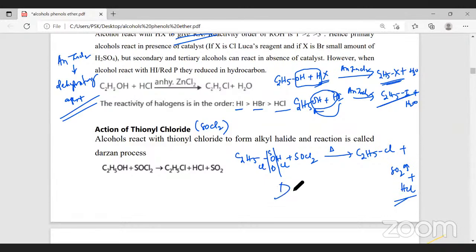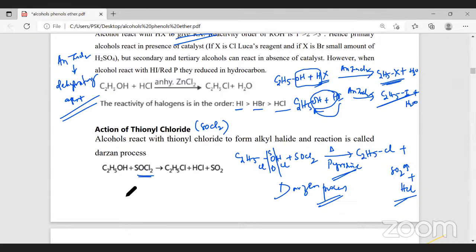This process is called Darzens process. It happens in the presence of a catalyst, pyridine. This is the best method of preparing alkyl chlorides. We can prepare only alkyl chlorides because no other halogen is there in thionyl chloride.